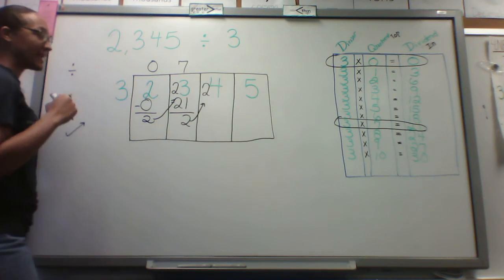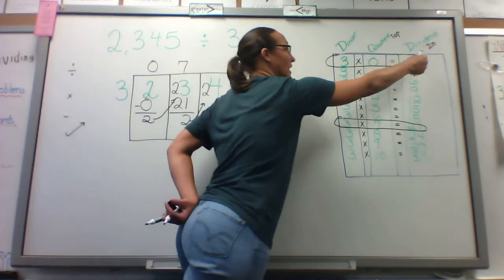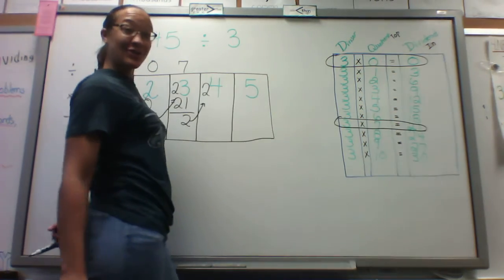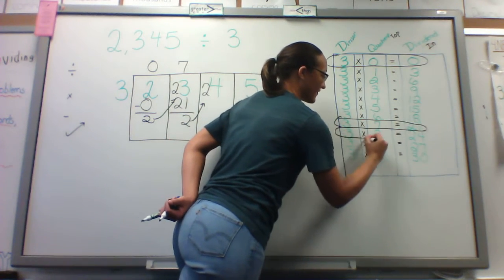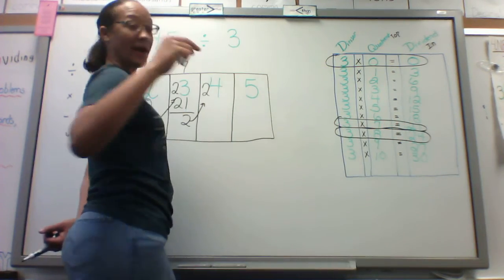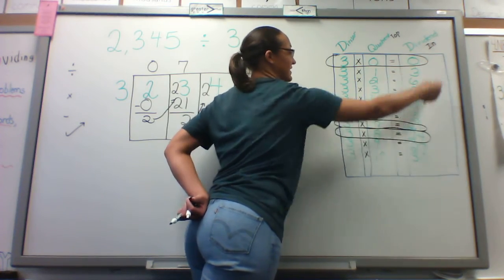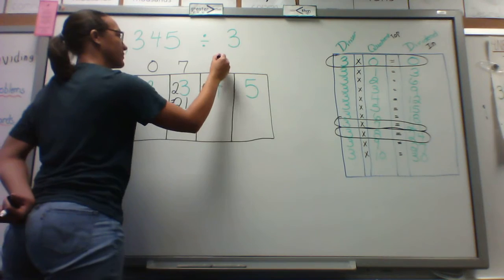So I say, how many times can 3 go into 24? Let's go see. Do I have 24 over here? Yes, I do. So guess what? I'm going to circle that times table. All right, I already automatically know which one's going on top and which one's going on the inside. On top of my quotient, I have 8.